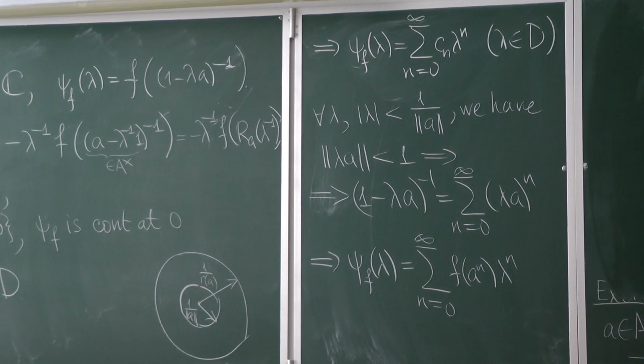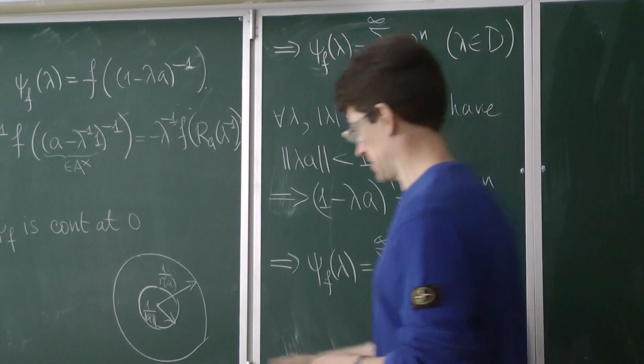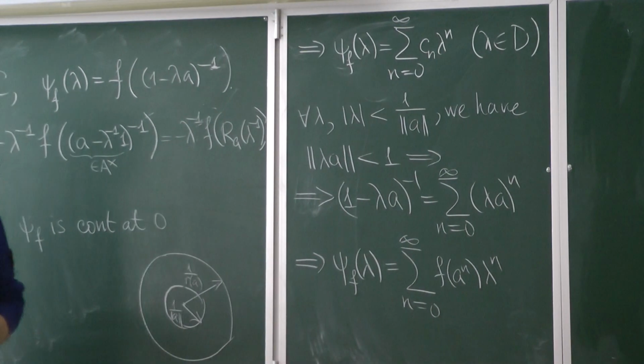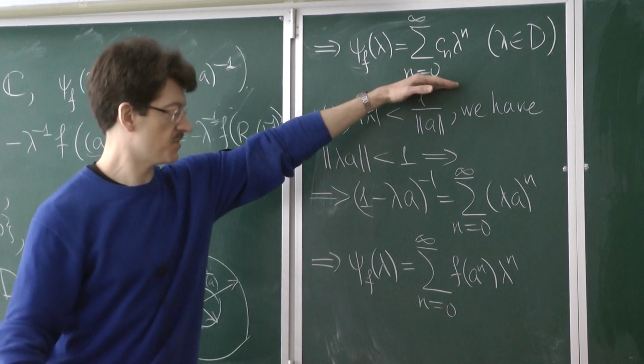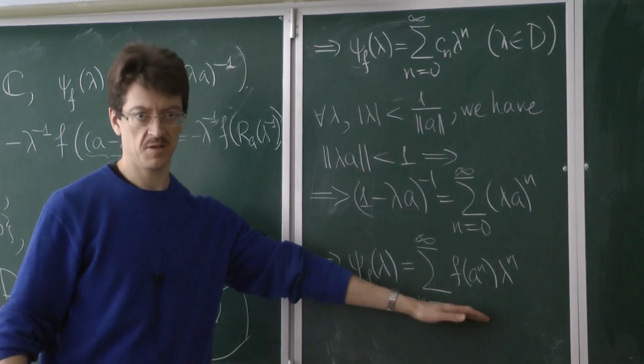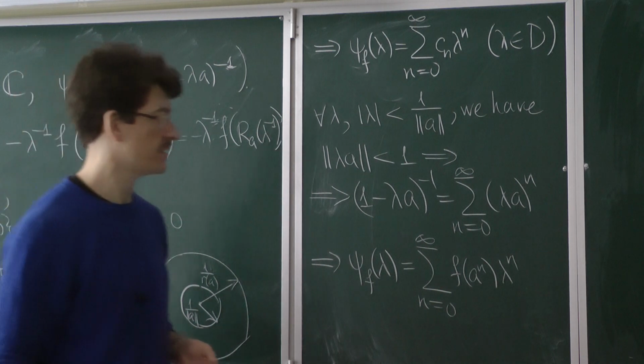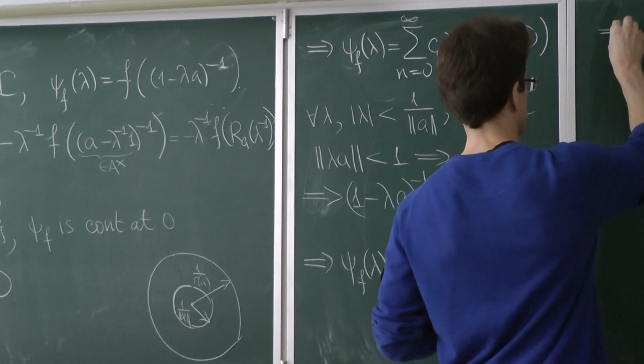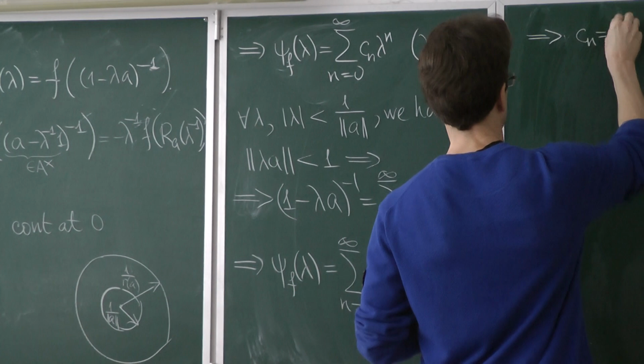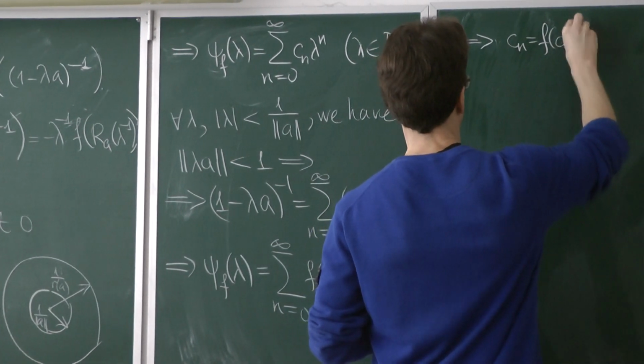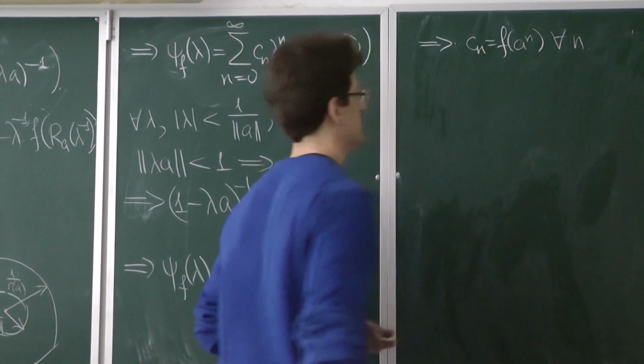So if we look at the little disk, we see that in the little disk we have this decomposition and this decomposition. But the Taylor series is unique. And by the uniqueness of the Taylor series, we conclude that Cn equals f applied to A to the power n for each n.